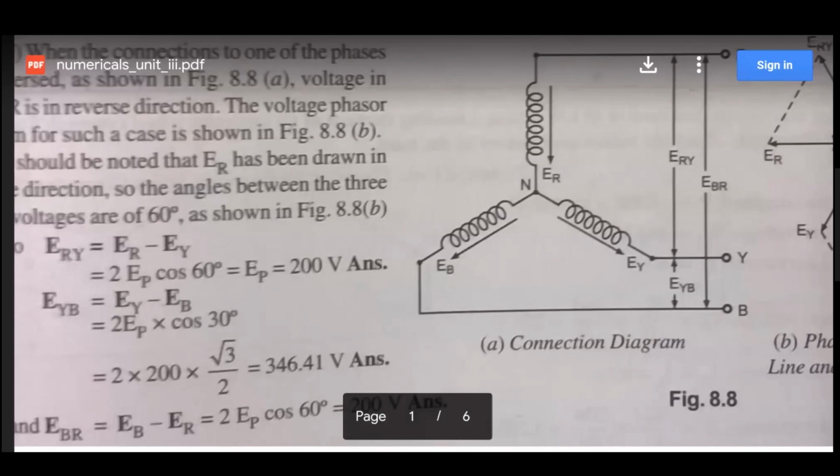But here one of the phases is reversed, so the line voltages will be different. Before moving further, I will also tell you how to calculate this magnitude using vector algebra.